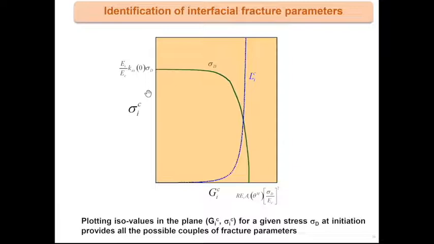So if you have several experiments with, of course, the same interfacial parameters, you can plot several iso-values, and theoretically, these curves should match in one point, which corresponds to the good value of the interfacial properties.